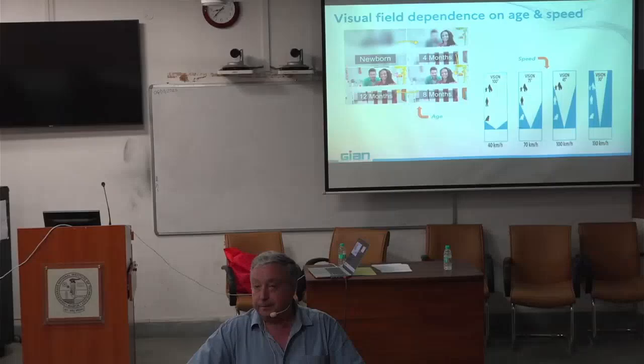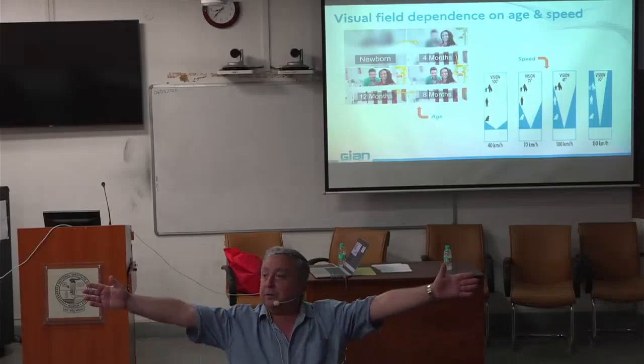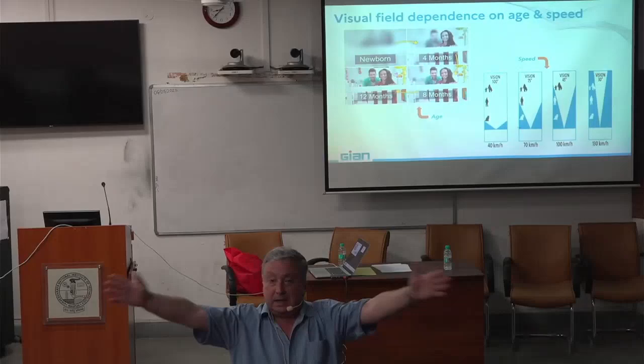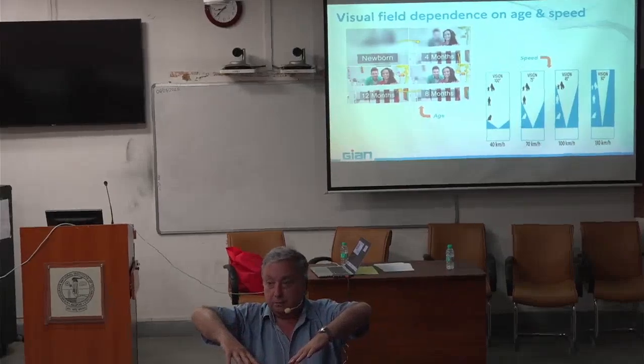Once your visual field is fixed, it doesn't change anymore with age. It doesn't shrink when you become older, but if you have problems like age-related macular degeneration, AMD, in that case, yes, you may lose the central field, and this is very problematic because the central part of your eye is the most sensitive.